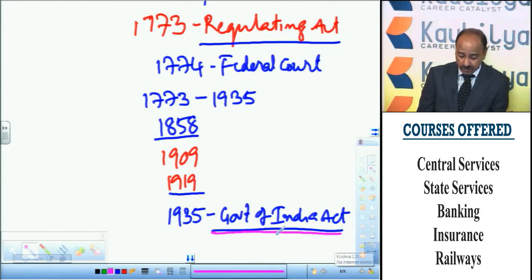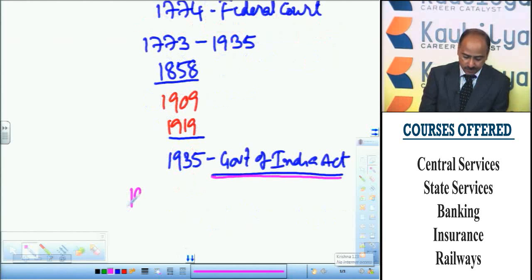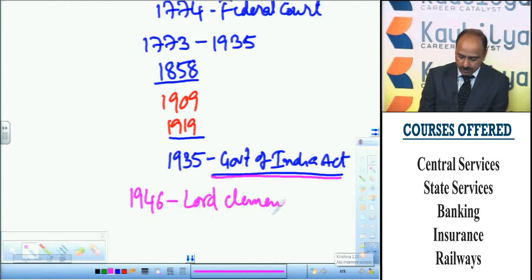But in 1946, Lord Clement Attlee came to power in Britain. He belongs to the Labour Party. He was elected Prime Minister of Britain in 1946.